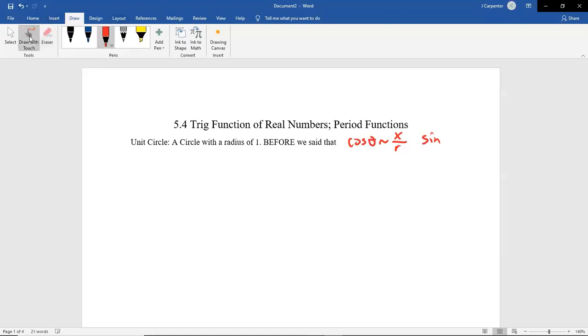Cosine of an angle goes like x over r. Sine of an angle goes like y over r. And the tangent of an angle goes like y over x. And we built the smart trig class based off of that. We did all the plus or minus signs based off of that, based on the coordinates. Well, with a unit circle, the radius is 1.